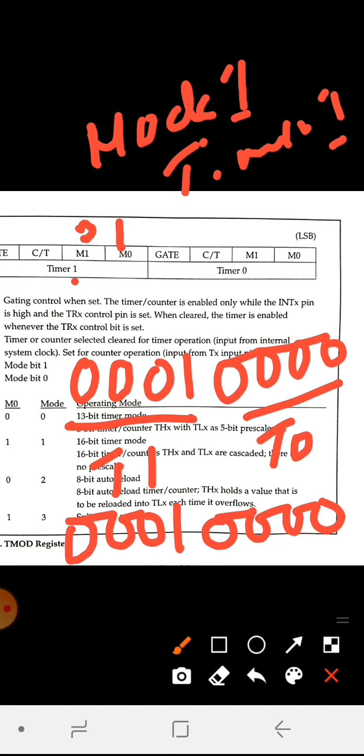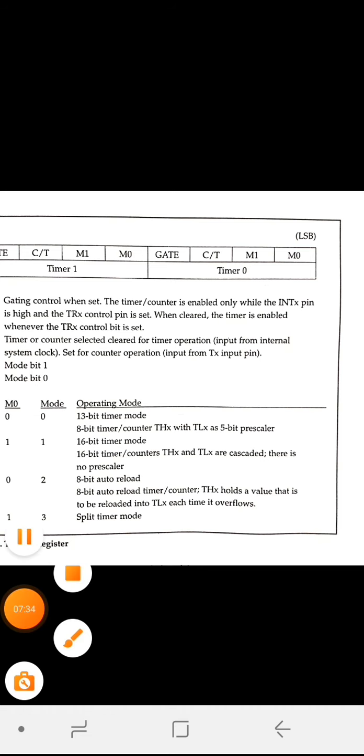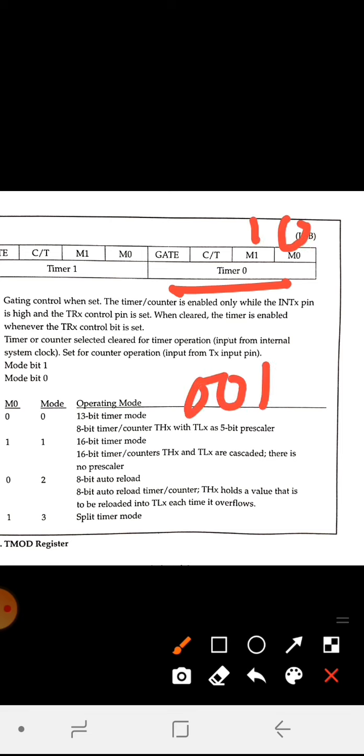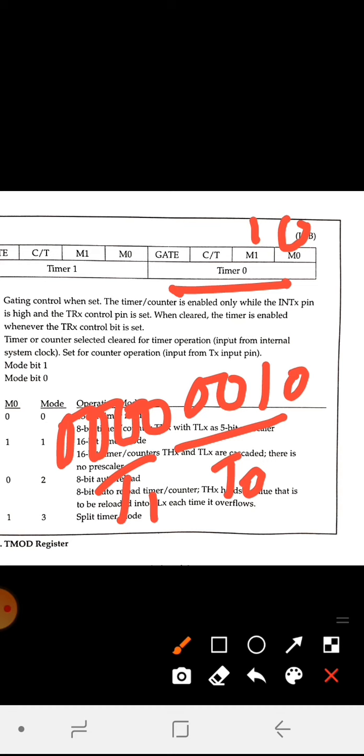For example, if you want to find the value for mode 2 of timer 0, this is your timer 0 section. If you want to make it mode 2, then the value will be 1, 0. So now the overall value will be 0, 0, 1, 0, which is for timer 0, and the higher bits will be 0, 0, timer 1.